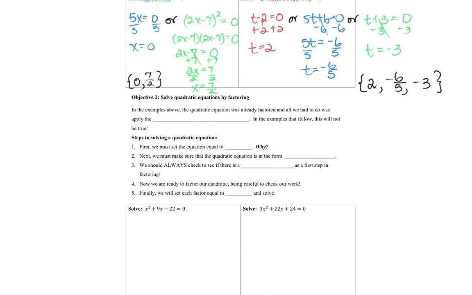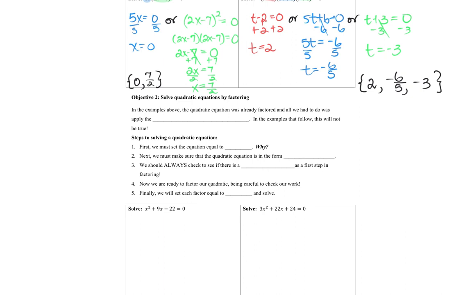Okay, so in all of the examples that we have done so far, we have been very fortunate. Think about the reason why we have been very fortunate. These equations have been given to us already in the form where the left side is factored and the right side is equal to 0, right? Will we always be so lucky? You know the answer to that is no, right?